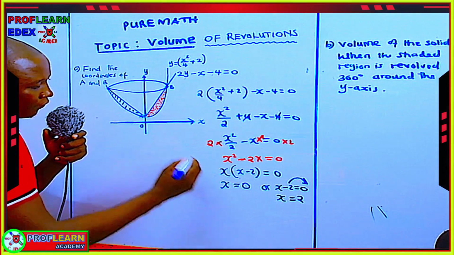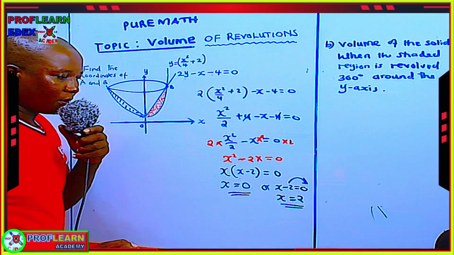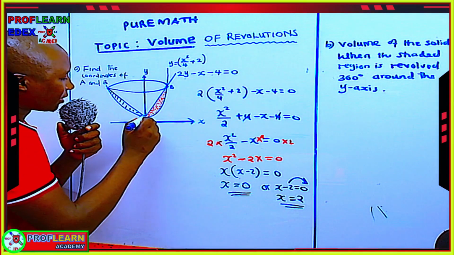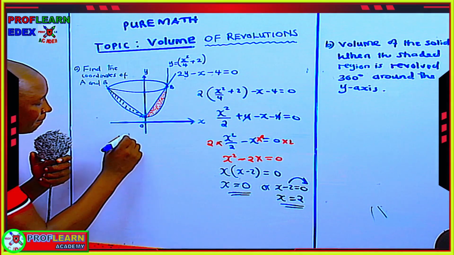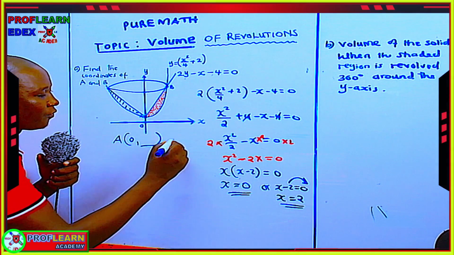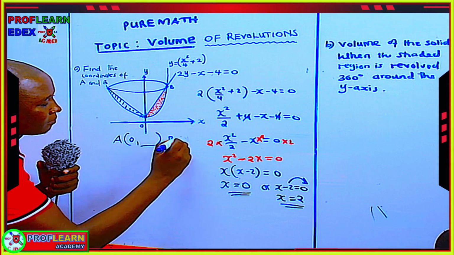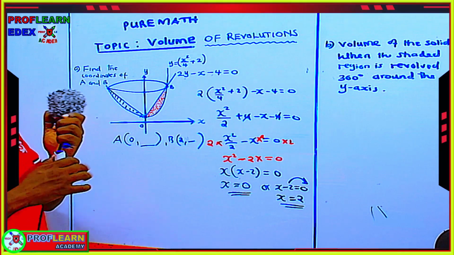Now, we have two values of x, this one which is 2 and this one which is 0. It means for the coordinate A, x is 0, and then we need to find the value of y. For B, x is going to be 2, and we are going to find the value of y at that point.